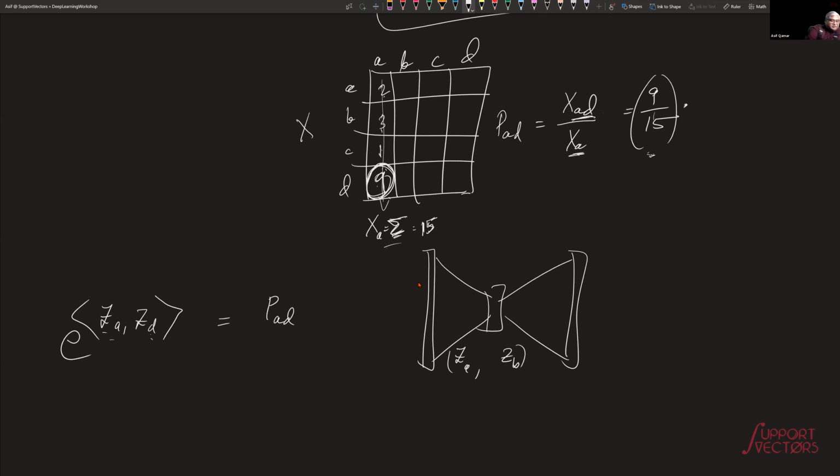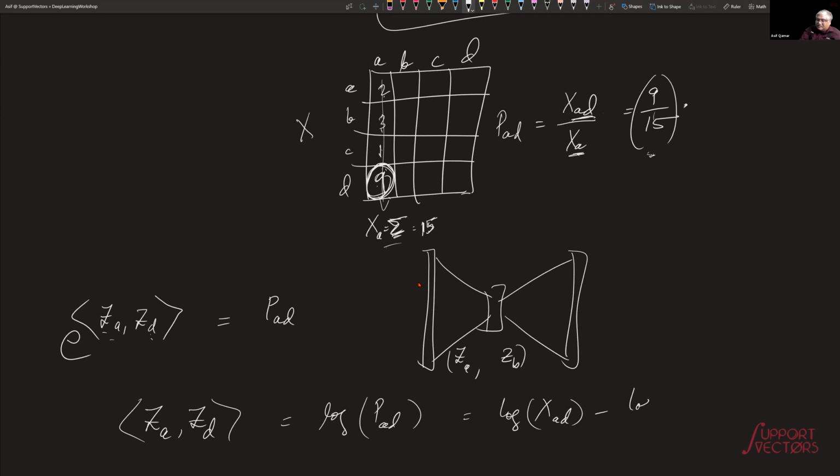And so if you take the log of both the sides, you will get ZA. And this part you can forget, guys. This is just giving you the intuition. The dot product is log P AD, which can be broken up in terms of log XAD minus log XA.